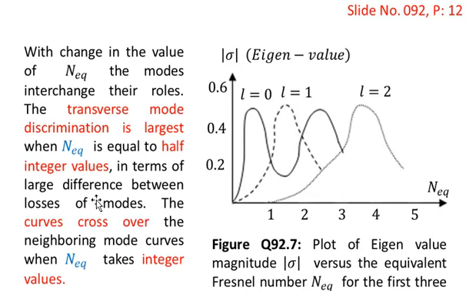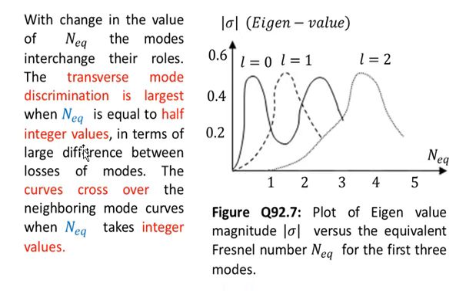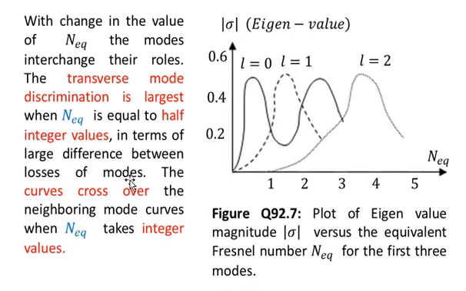In terms of large difference between losses of modes, you see that when these modes reach the peak values, it means that the losses are minimized. For example, in the region from N equivalent from 0 to 0.5, the loss for the L is equal to 0 mode is decreasing, and you see that loss becomes minimum at the peak of the L is equal to 0 mode.